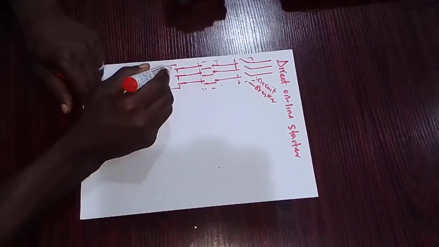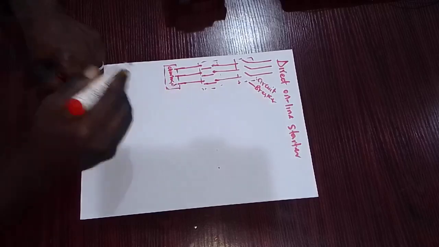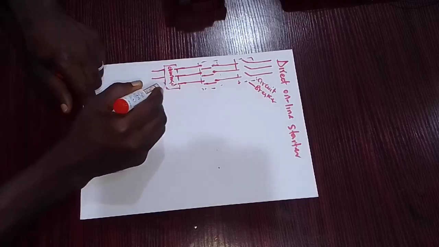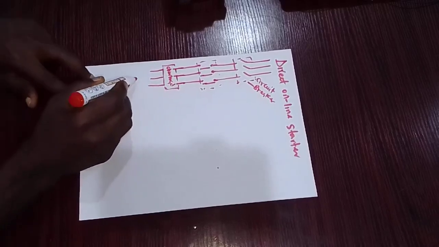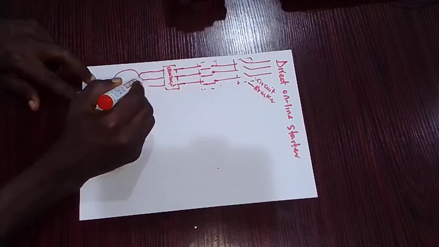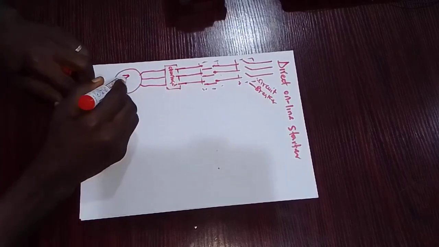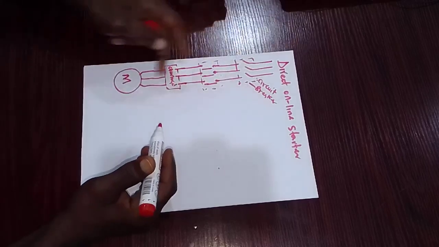Here we have the overload relay. Then from the overload relay, it is connected to the terminations of the electric motor. Here is the power circuit.